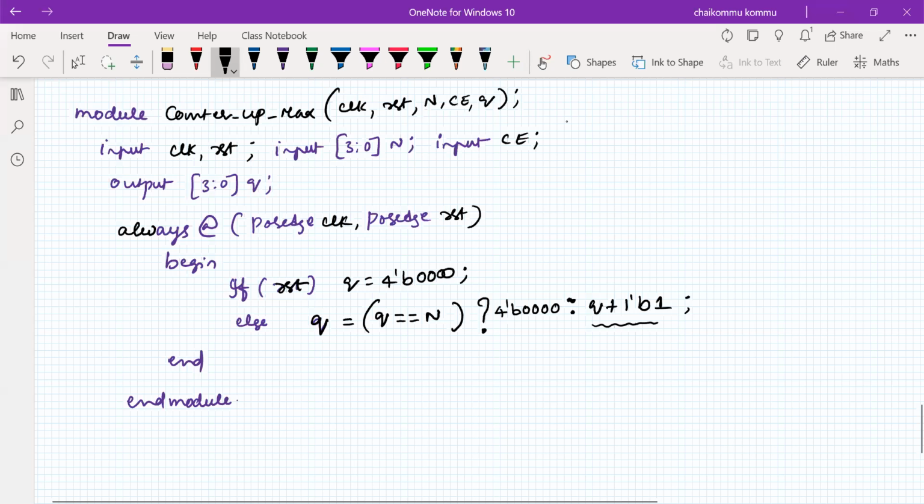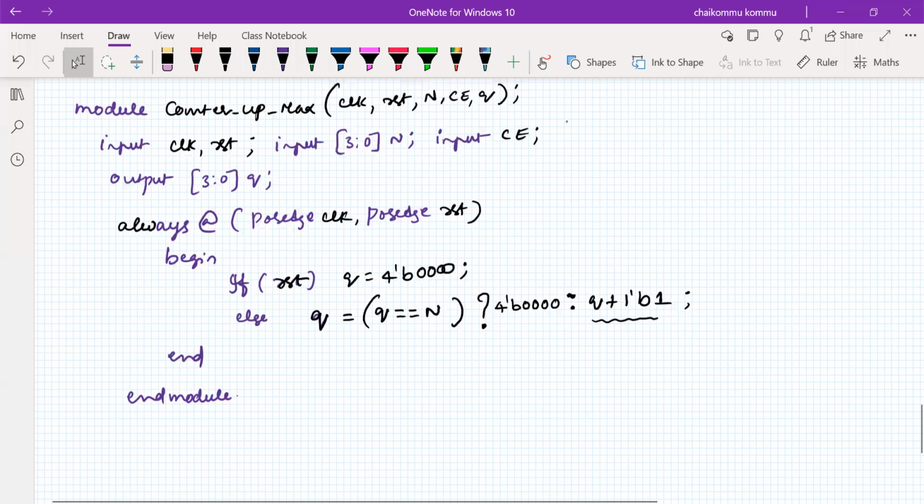Okay, the counting has to happen depending upon the count enable signal. So I'm going to write here in this statement.